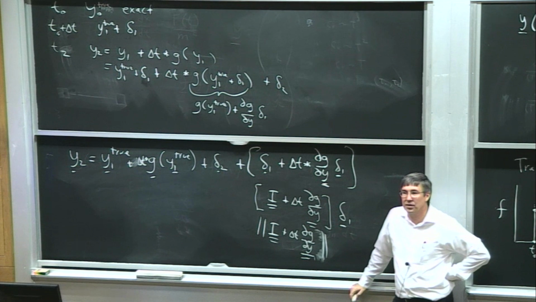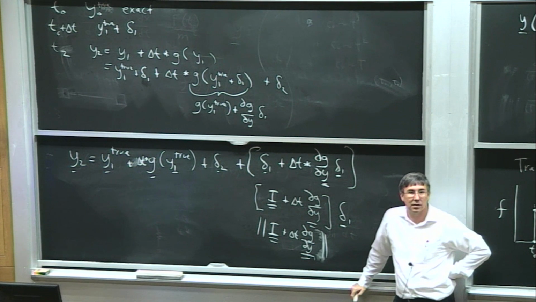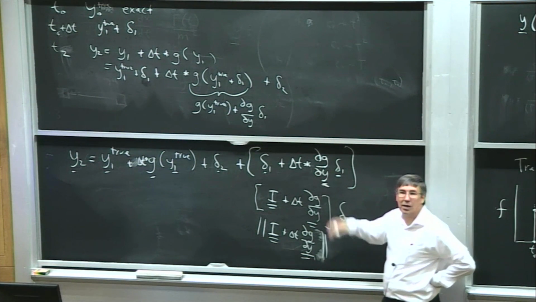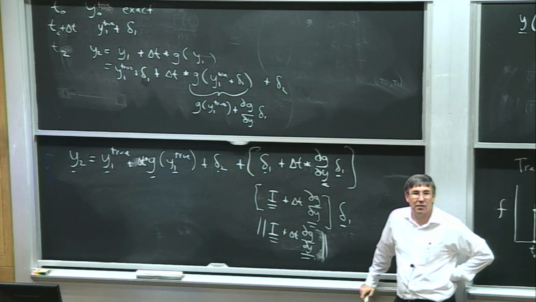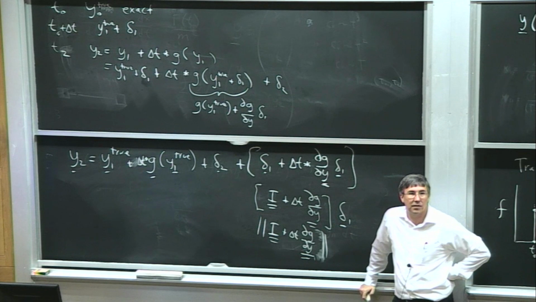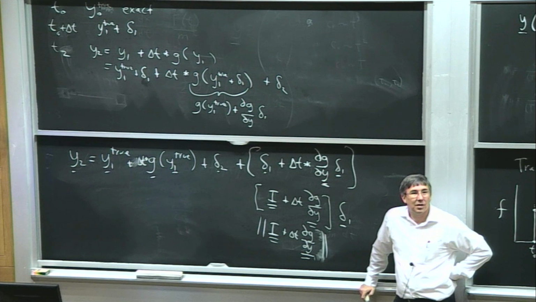You learned it in your differential equations class. What do you call this kind of differential equations? Maybe not dg dy. Let's back up to, how about df dy? If that Jacobian has a positive eigenvalue, what do you say? Yes, remember this? Okay. So this is what's called unstable differential equations.